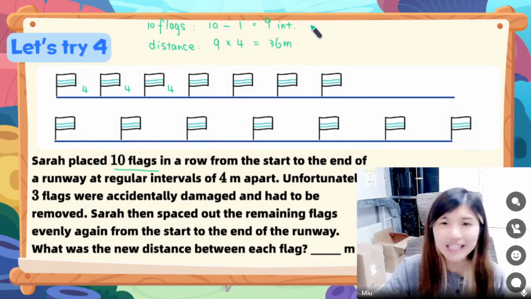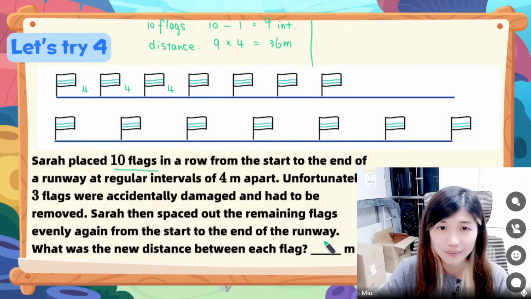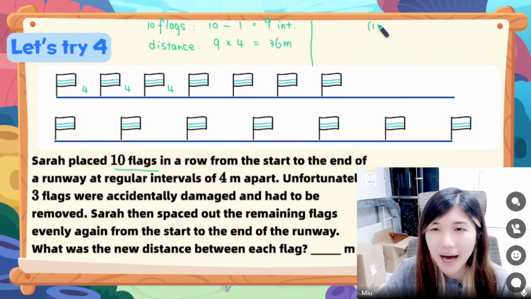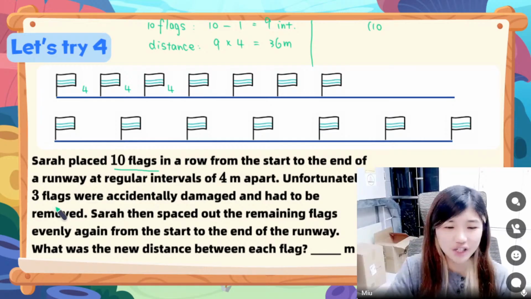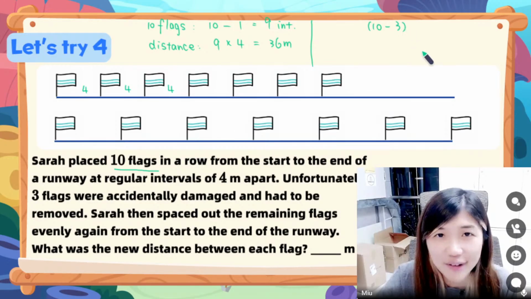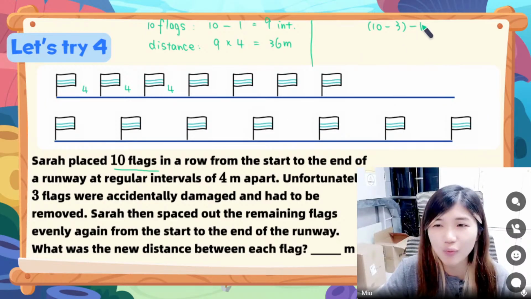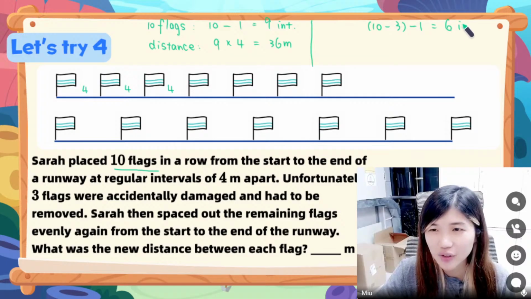So then continue. After damage, how many flags are left? You got 10 flags, but 3 flags just got damaged, right? So we take out those 3 damaged flags. You have altogether 7 flags, but flags are always one more, so you would have 6 intervals.